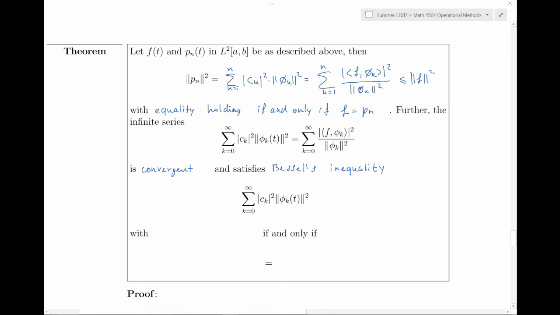That if we have an infinite basis and we compute all those coefficients and add all these approximations, we still will never exceed the norm of the original function f. And the equality will hold if and only if f can be expressed exactly as this infinite sum.